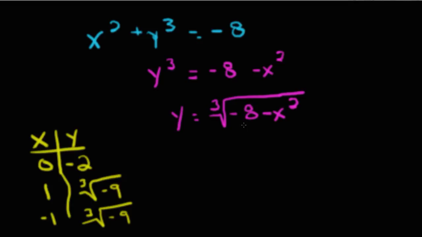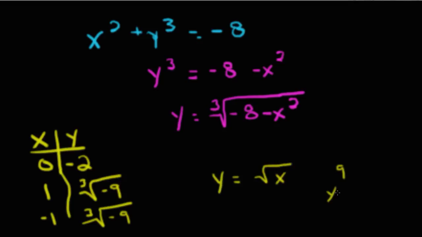If this were, for instance, theoretically, if y were equal to the square root of x, then when x was 9, y could be plus or minus 3.